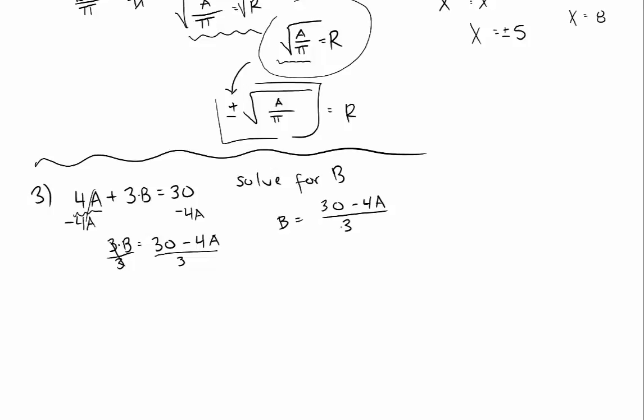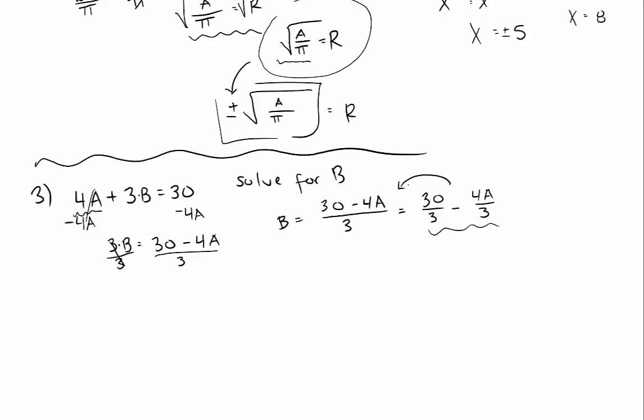But if we wanted to go a little bit further, I could say, well, just like we combine fractions with the common denominator, we kind of split them up the same way. So I could say that's the same thing as 30 over 3 minus 4a over 3. And if you look at this, you can see how we would normally go from there to there.